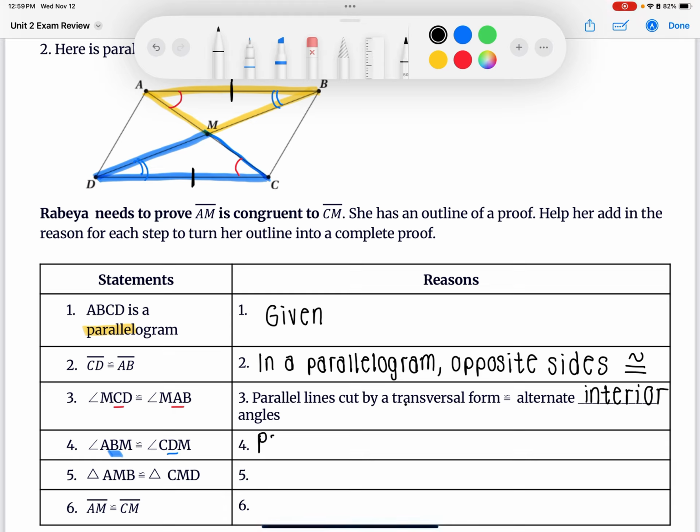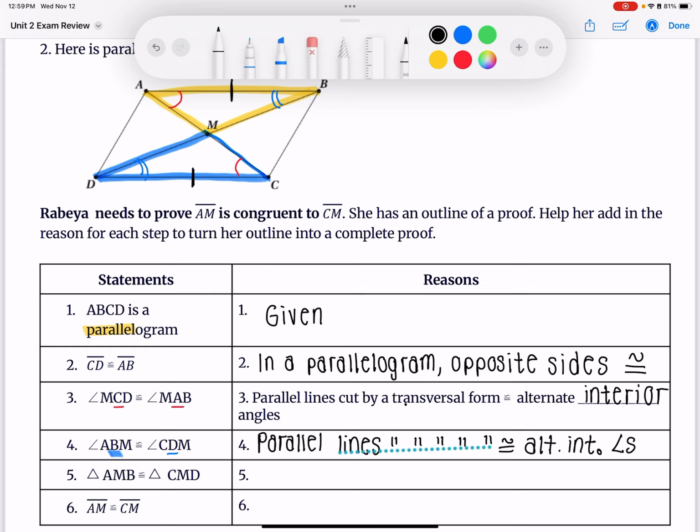So I'm going to write the same reason here. And on the reasons, if you don't want to write out everything, you can just write quotation marks to mean that's the same thing as above. So parallel lines cut by a transversal form, and I'll write this out, congruent alternate interior angles.